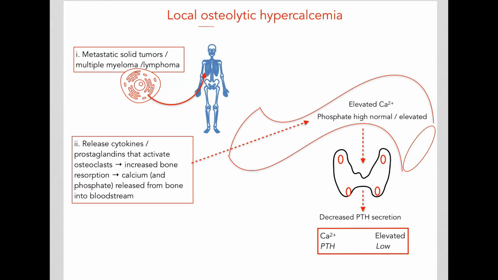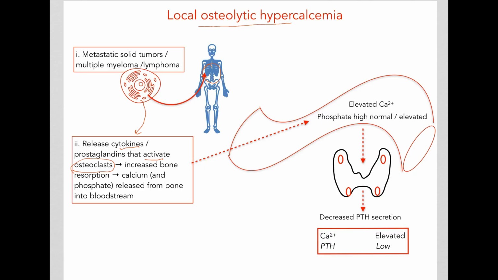In local osteolytic hypercalcemia, the cancer cells that are associated, for example, with breast cancer, multiple myeloma, lung cancer, lymphoma, these cancer cells invade the bone tissue. In the bone, the cancer cells start releasing various biomolecules such as cytokines, and these cytokines activate the activity of osteoclasts.